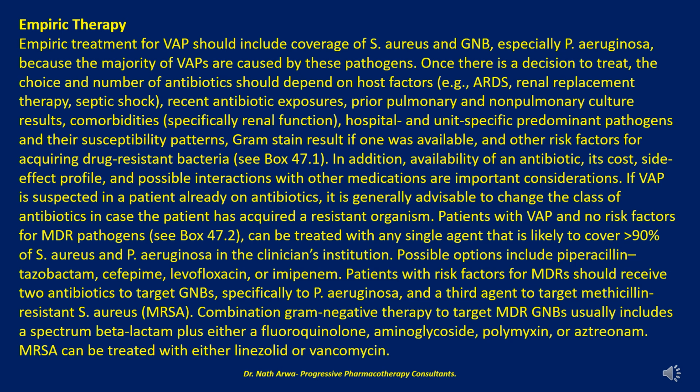Once there is a decision to treat, the choice and number of antibiotics should depend on host factors, e.g., ARDS, renal replacement therapy, septic shock, recent antibiotic exposures, prior pulmonary and non-pulmonary culture results, comorbidities, specifically renal function, hospital-specific and unit-specific predominant pathogens and their susceptibility patterns, gram stain result if one was available, and other risk factors for acquiring drug-resistant bacteria.